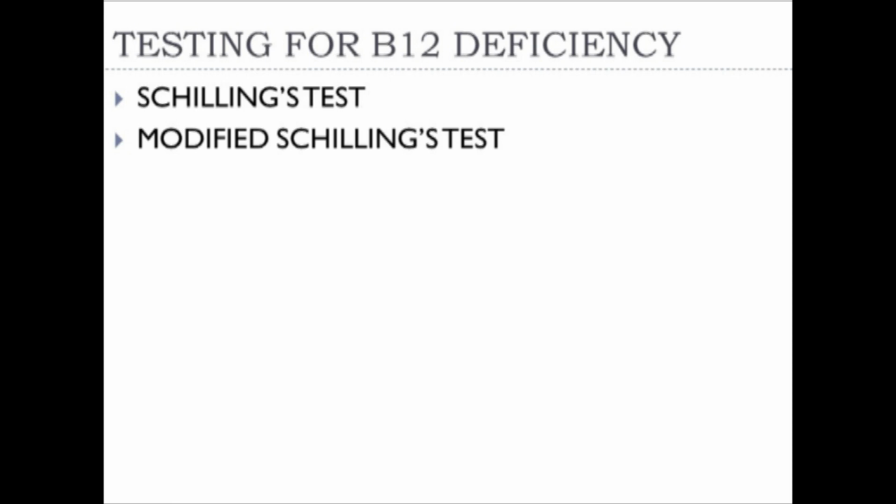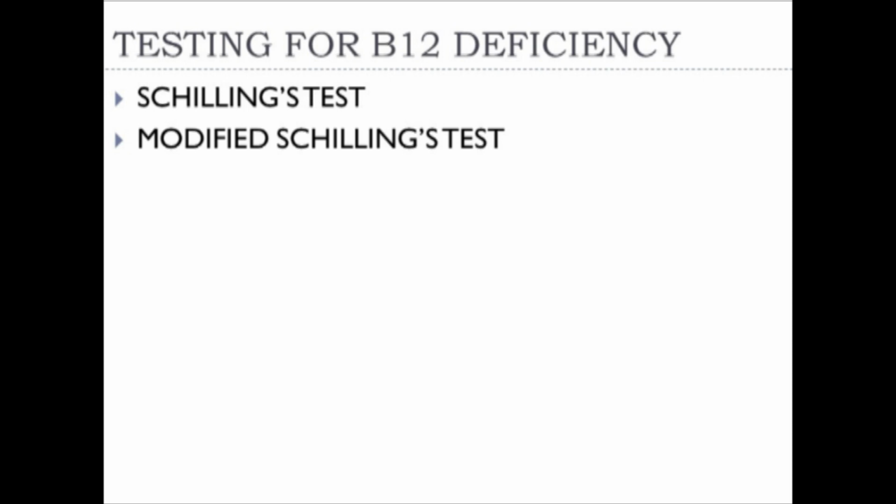Patients that have a B12 deficiency, or in other words, a pernicious anemia, will excrete less than 3% of the dose of radio-labeled cobalamin that was administered, whereas non-deficient patients will have a much greater amount, more than 8% of the administered dose. So what's the reasoning behind this kind of test?